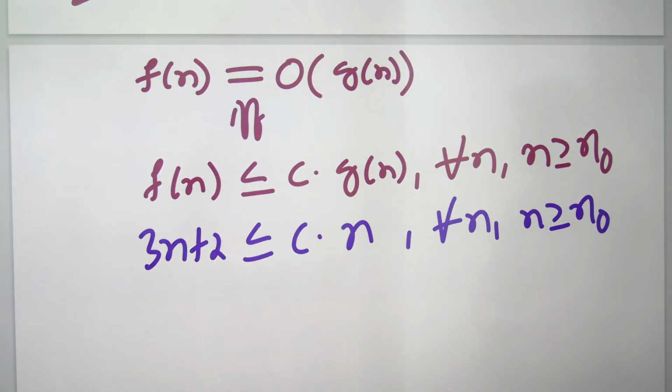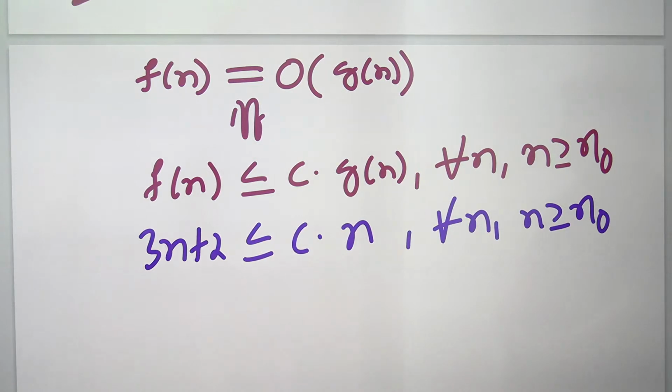To be frank, left is greater. But I want to prove right greater. Then only I can say big O. Left means f of n, right means g of n.